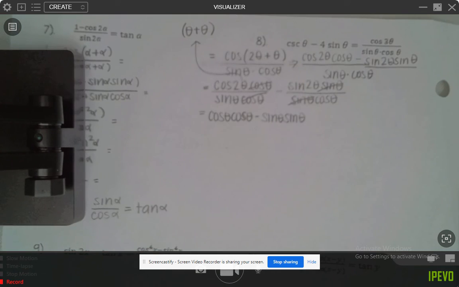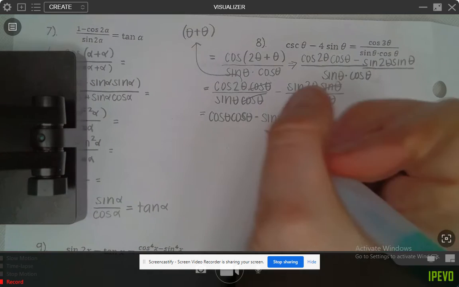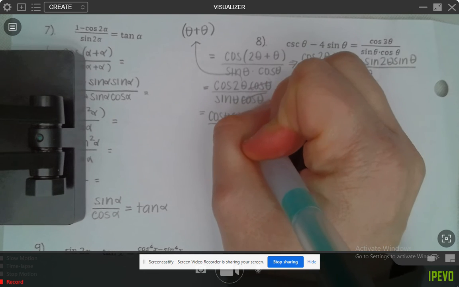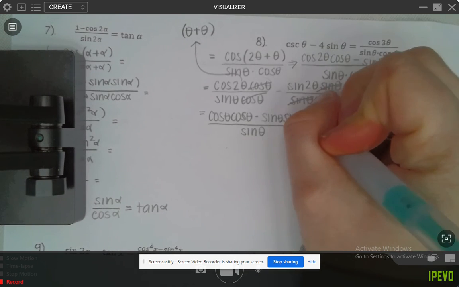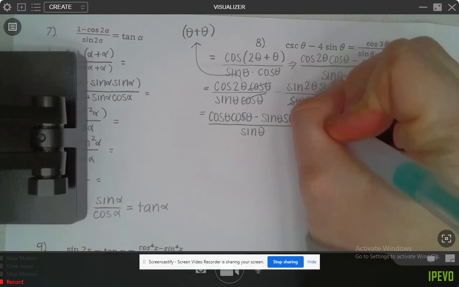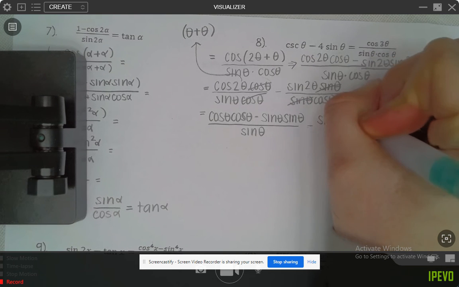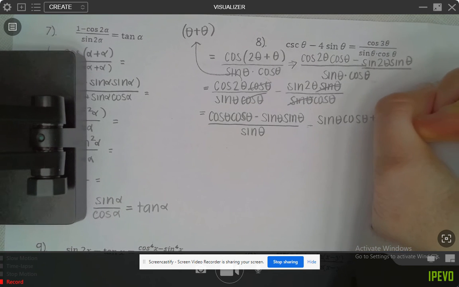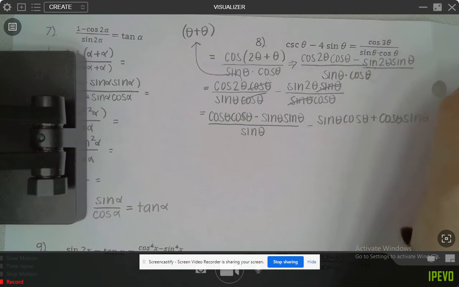Yes? And then I just use the formula. Divided by the sine. Minus, well, the sine of 2 theta. That is sine theta cosine theta plus cosine theta sine theta.